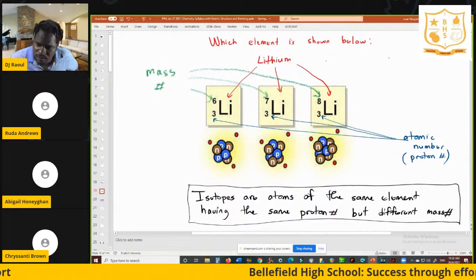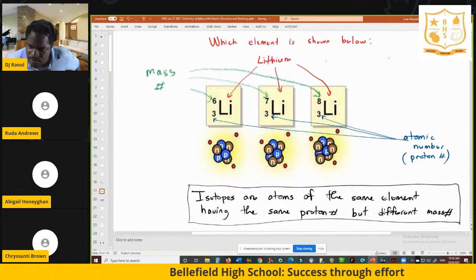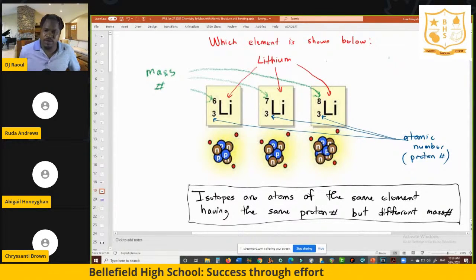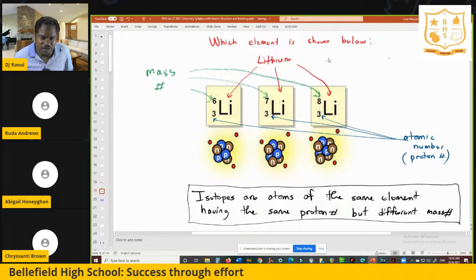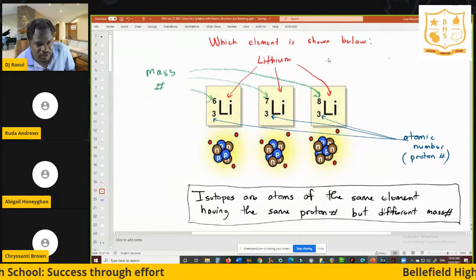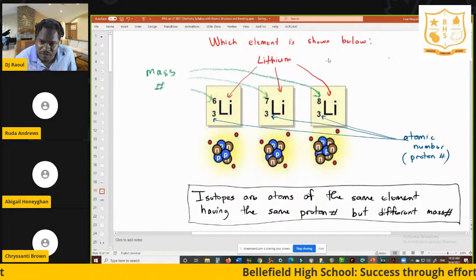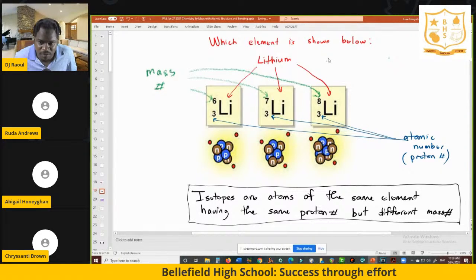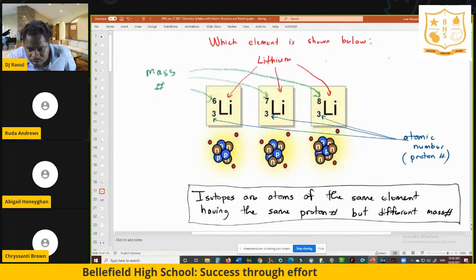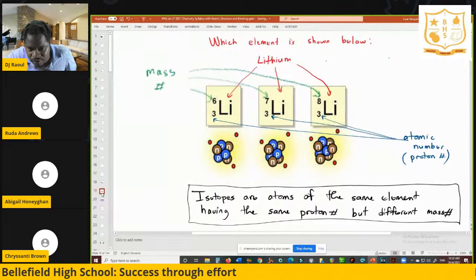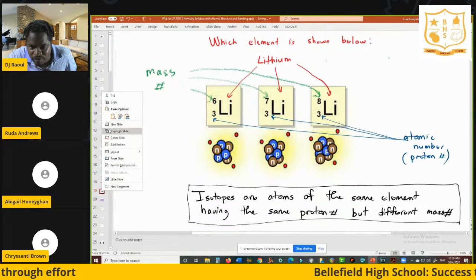But at this point, I just want you to leave here knowing the definition for isotopes, so that we have something we can build on for next class. Next class, I want you to look at the uses of isotopes. Let's look at the importance of isotopes.